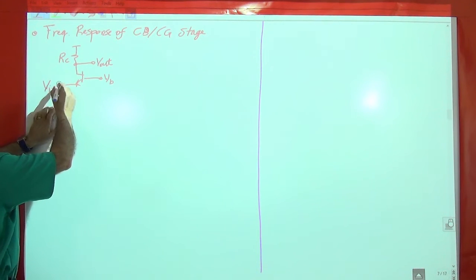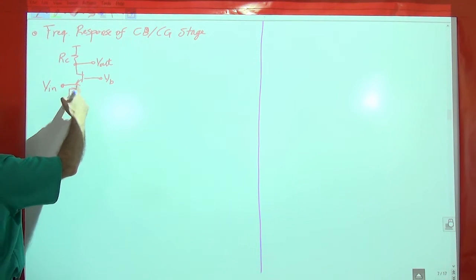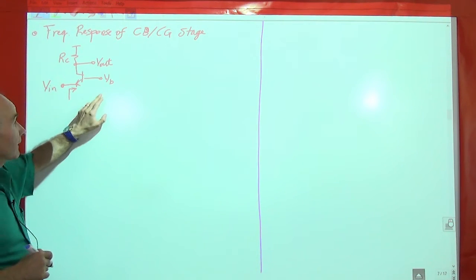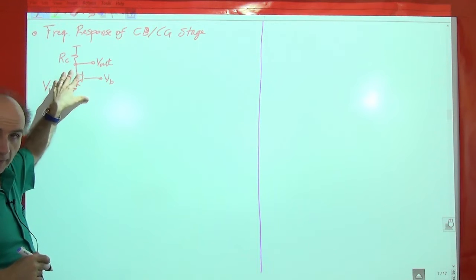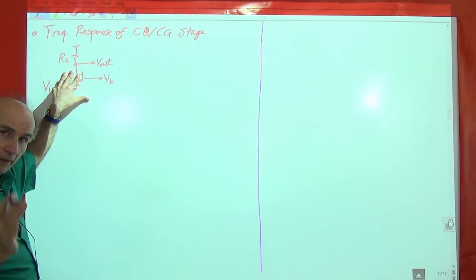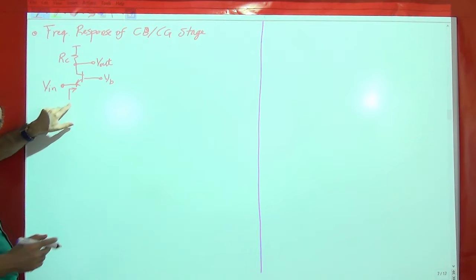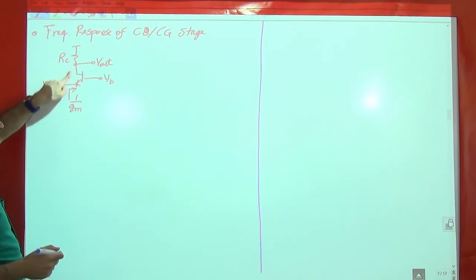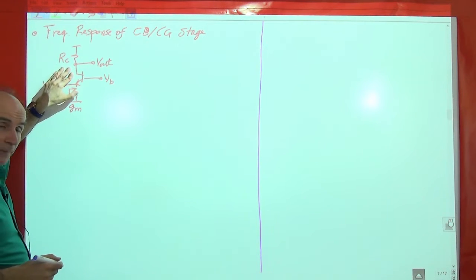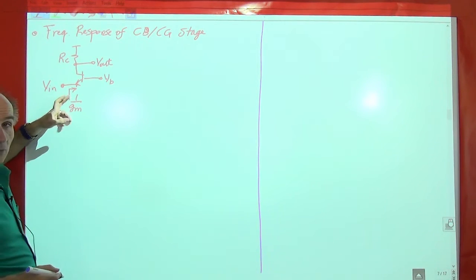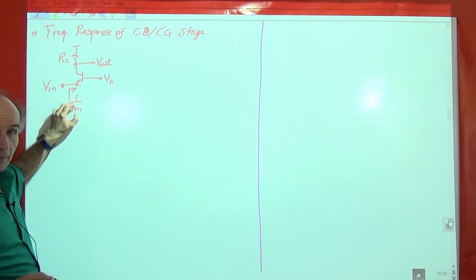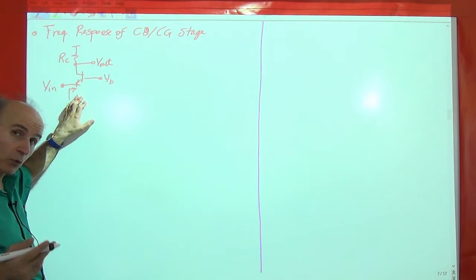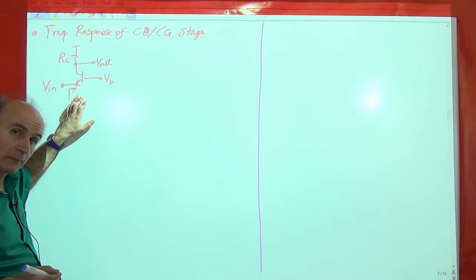So if you remember, if we look into the emitter of a bipolar transistor with its base at AC ground, of course the device is in forward active region, properly biased and everything, this input resistance is 1 over gm if we neglect the Early effect. And this is a pretty low value. So for example, if the bias current is 1 milliampere, 1 over gm is about 26 ohms, right?